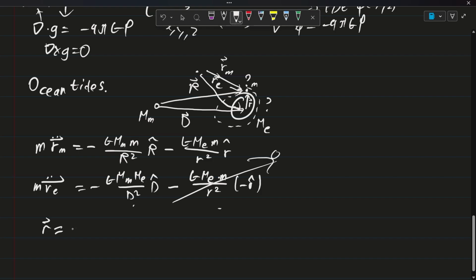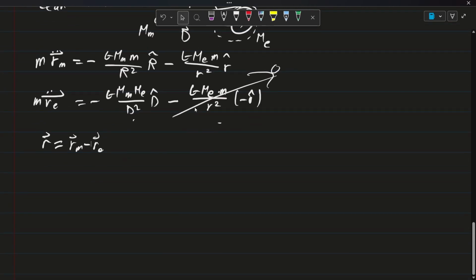So the r vector, if we do the vector calculus, is r_m vector minus r_E vector. And you could take the double derivative of each because it's linear, right? So r double dot vector is going to be the r_m term, so it's negative G mass of the moon over r squared in the r hat, subtract G mass of the Earth over r squared in the r hat.